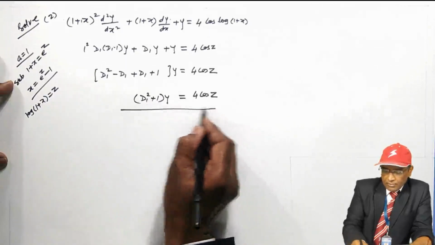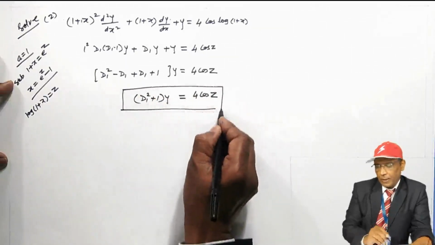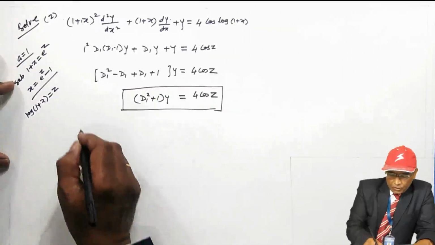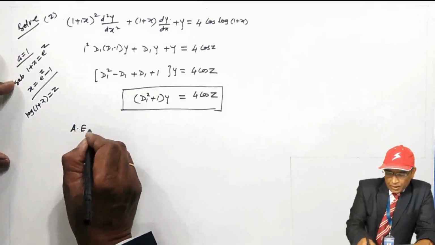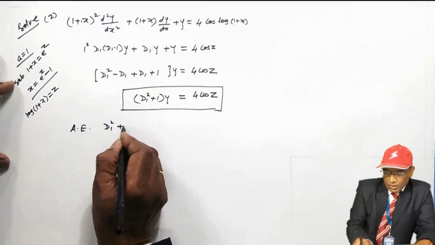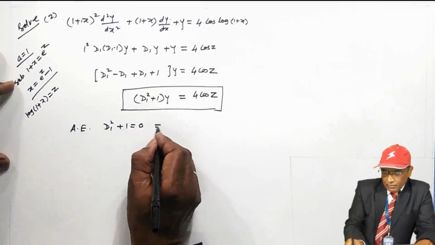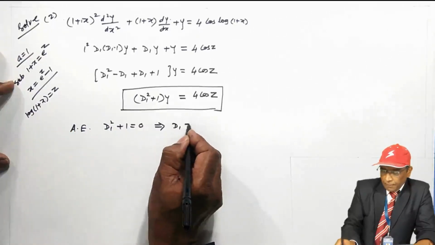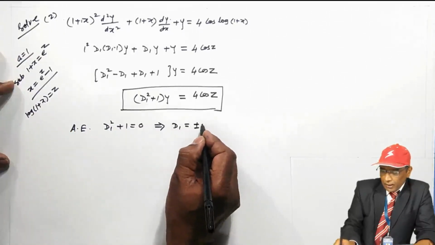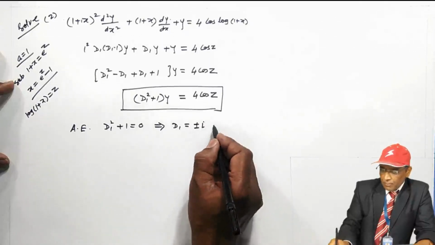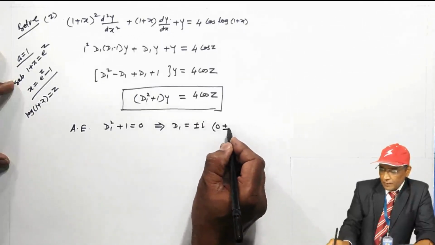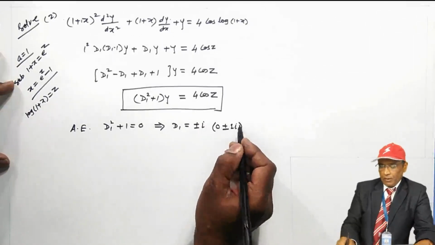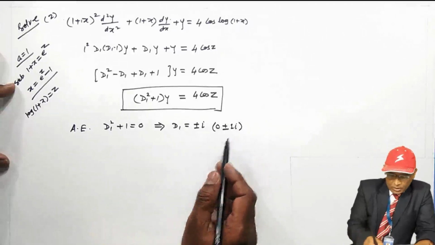Okay, this is a linear differential equation with constant coefficients. Write down the auxiliary equation. D1 square plus 1 equal to 0. Therefore, D1 equal to plus minus i, and in terms of alpha plus minus i beta I am writing it like this. Okay, plus minus i can be written like this.